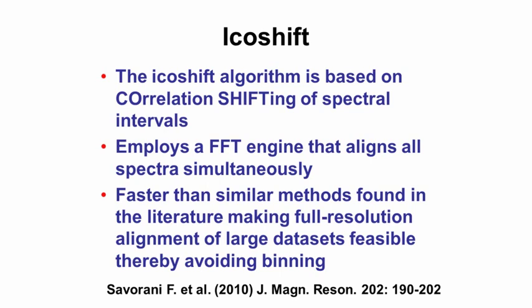So it's actually much faster than other methods, and it makes use of full resolution data so you don't have to do the binning, so you don't lose your resolution. The program is, as I say, available and can be freely used. In that way, icoshift has largely become the standard for spectral alignment, particularly for NMR.